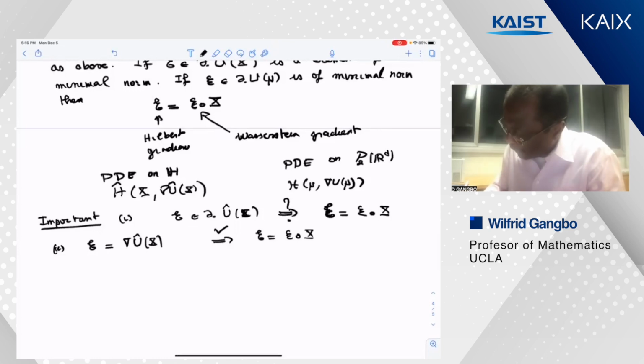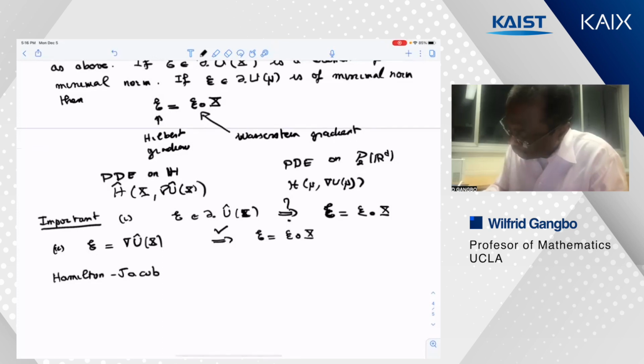So assume I have a Hamilton-Jacobi equation. Assume I am looking for a solution to this equation.